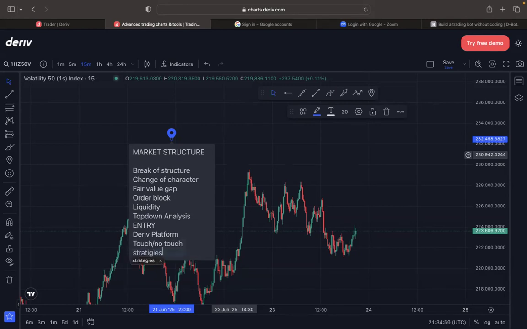Because there are various strategies on this touch stroke no touch that we'll be talking about. There are various strategies that we're going to be looking at.